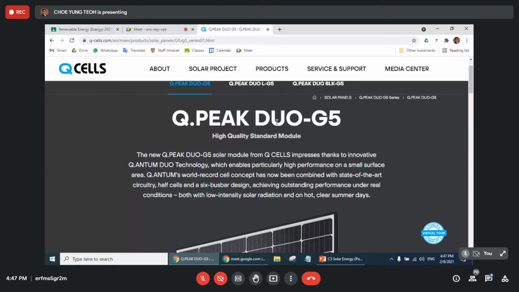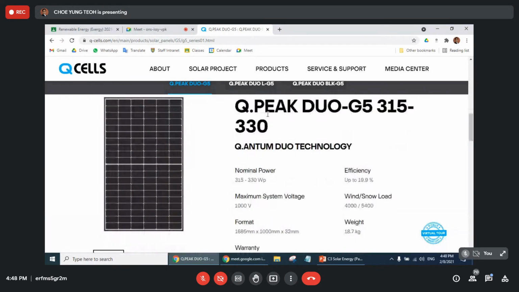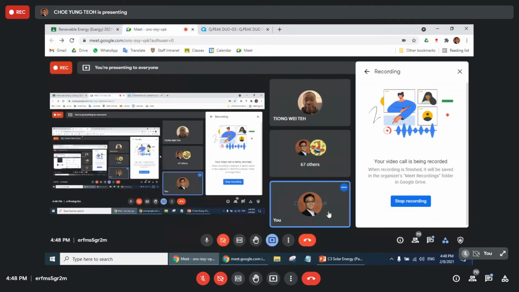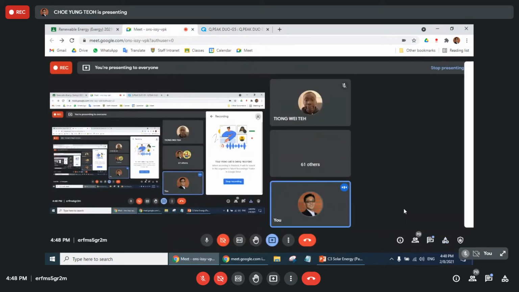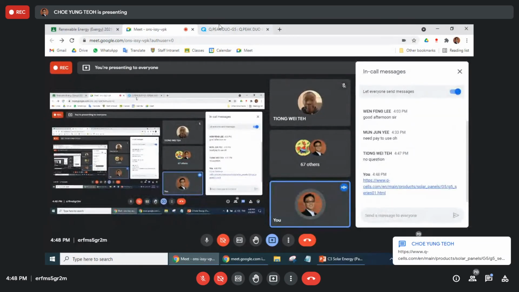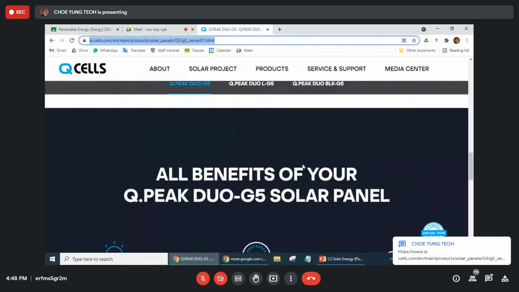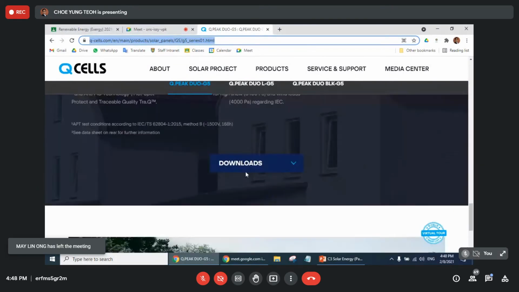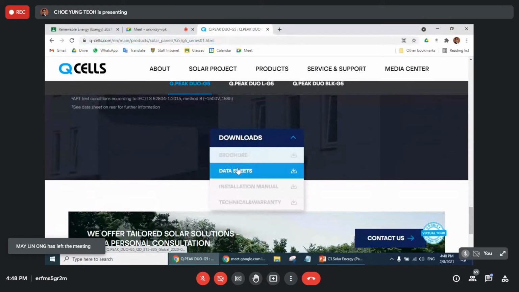Let's say we use this panel, Cubic Dual G5. I will send you the link. You go and download the specification datasheet of the panel.